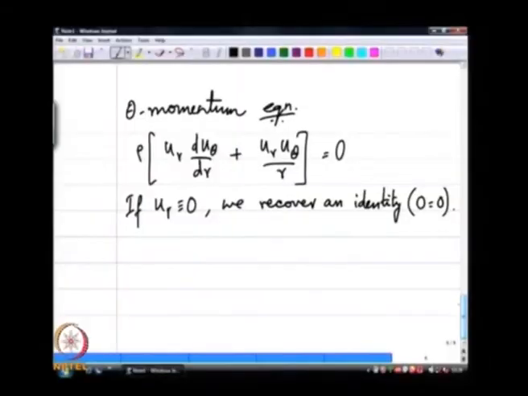Okay, so whatever be the form of u theta over r, you will recover the pressure distribution that is set up by that centrifugal action. That is essentially what that equation says.